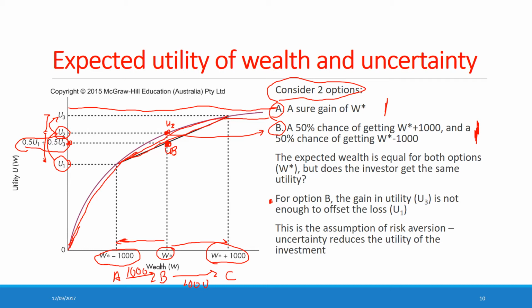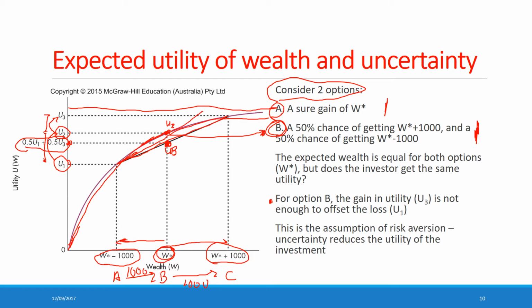So the marginal utility function is a function that describes the behavior of a risk-averse investor, right? So for this investor, if you want to ask them to take some risk, right? So if you want them to pick option B, you have to give them a little bit more than before, more than W star, right? If you want them to take option B with a bit of uncertainty, you have to compensate them at U2, right?